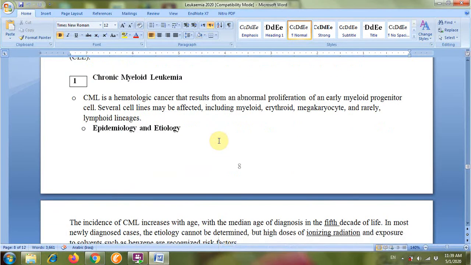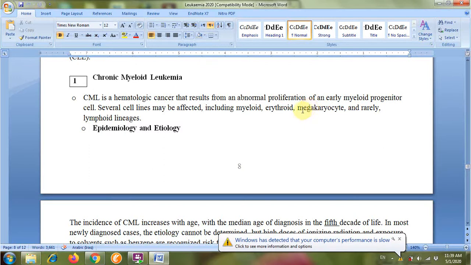It affects people around 50 years old, plus or minus, and it is a defect in the early myeloid progenitor cell, and several cell lines will be affected, of course. Defects in the myeloid cell line affect the erythroid cell line, megakaryocyte cell line, and monocyte cell line. So the patient presents with different clinical manifestations.